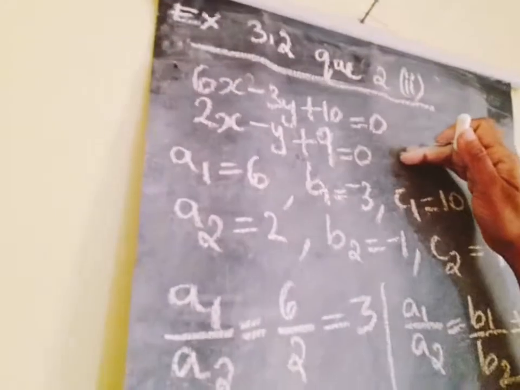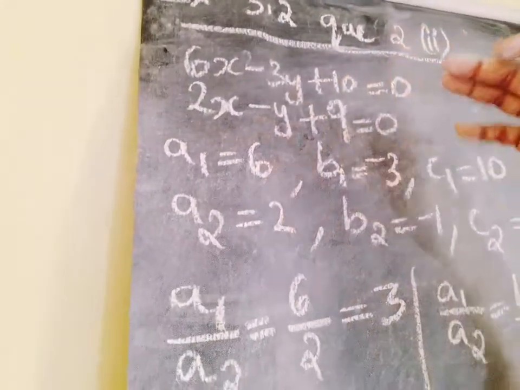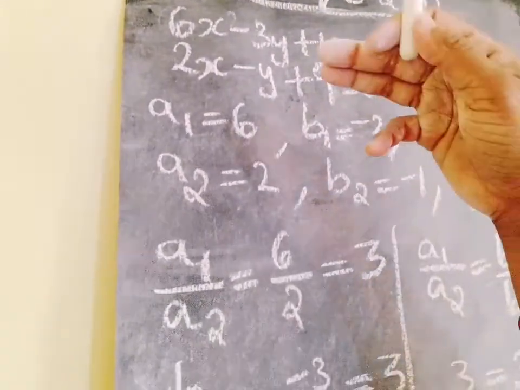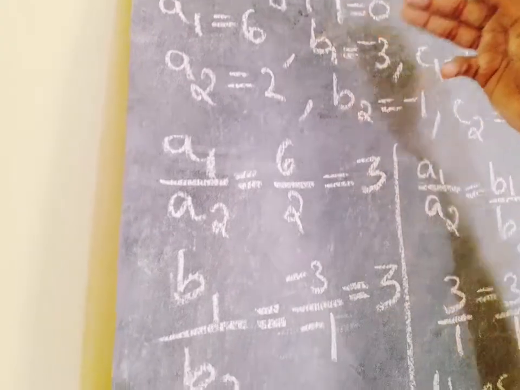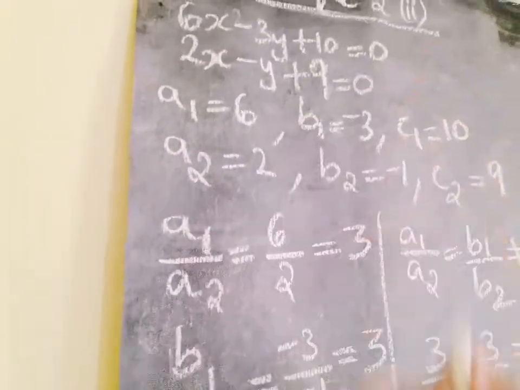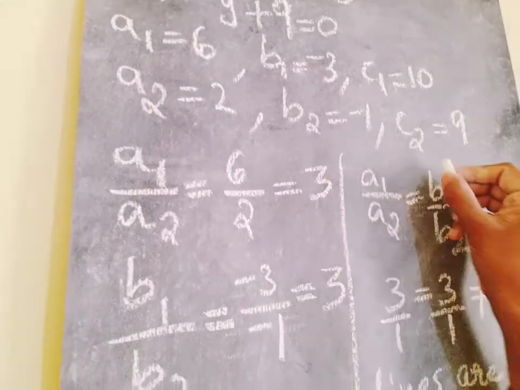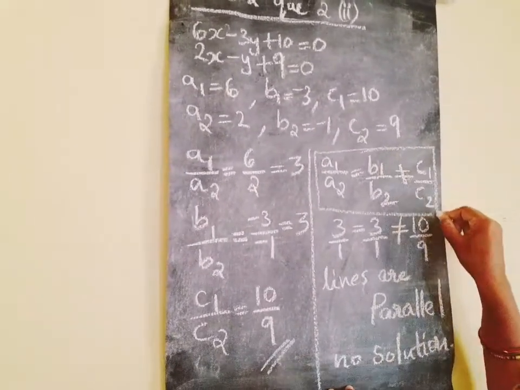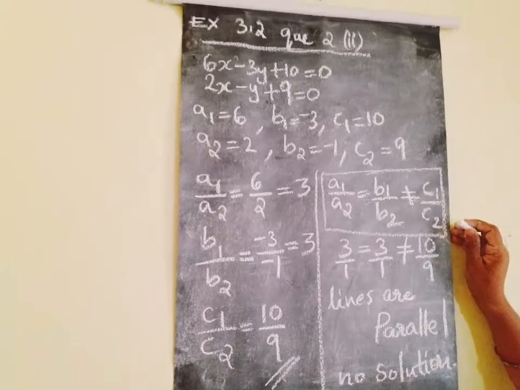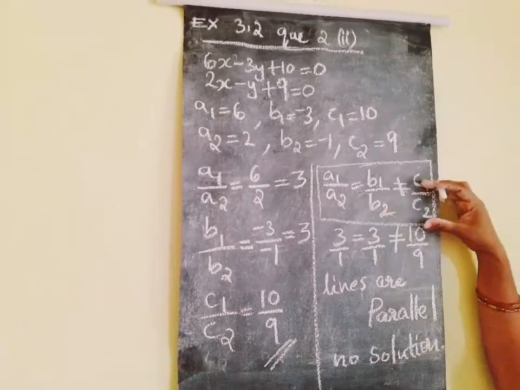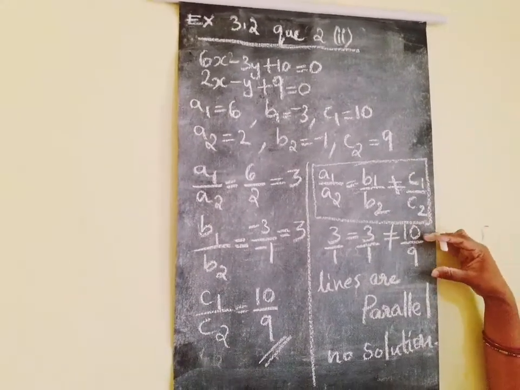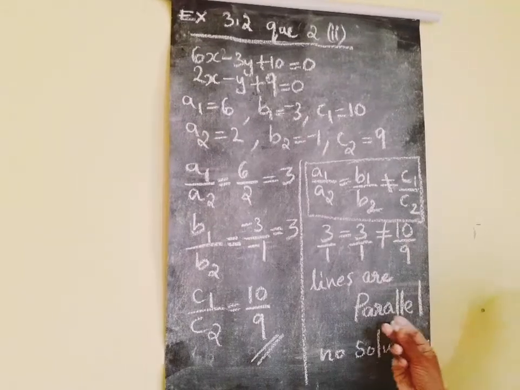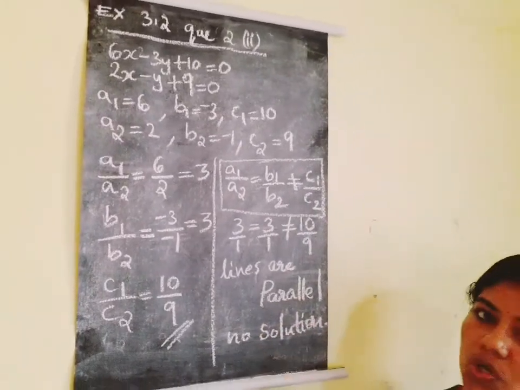For this pair of equations, 6x minus 3y plus 10 equal to 0 and 2x minus y plus 9 equal to 0, through these steps we found that a1 by a2 is equal with b1 by b2, not equal with c1 by c2. So the graph will be parallel and there is no solution.